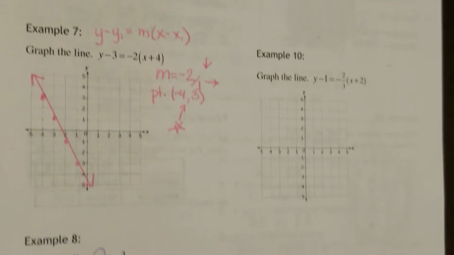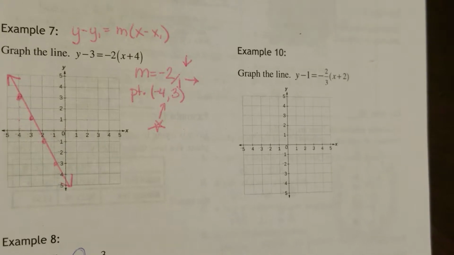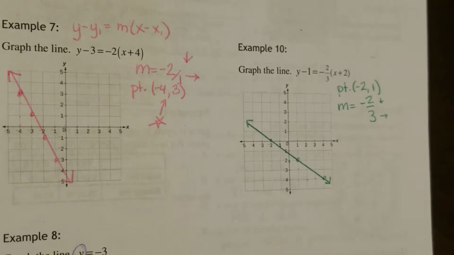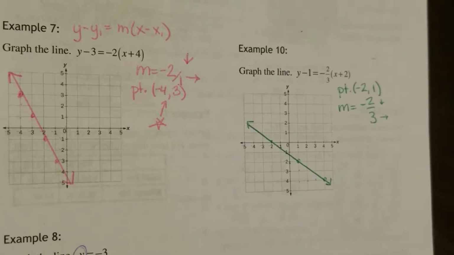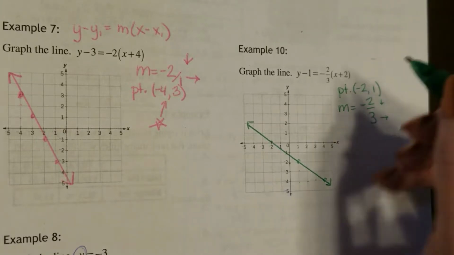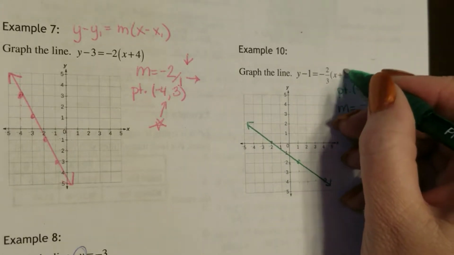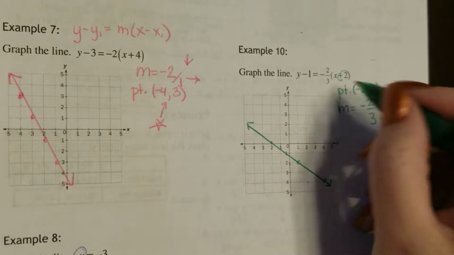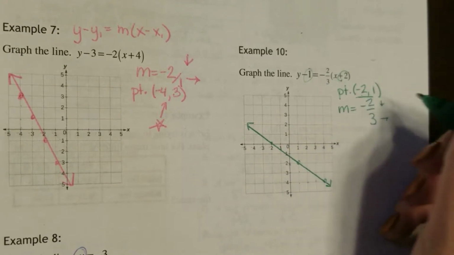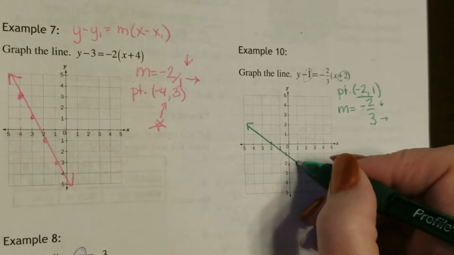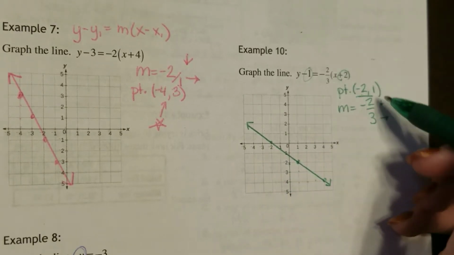If you didn't get a chance to, try number 10. You can pause again if you need to. So number 10 is given in the point slope form. So our point here is going to be negative 2. Remember, you take the opposite sign, and positive 1. That's my point, and that's where I'm going to start. Negative 2, positive 1. And my slope is negative 2/3.